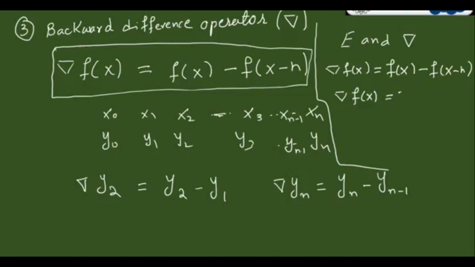So if I write it down like I of f of x, I hope you all understand, it will not impact anything. Minus, now this is interesting, I can write down this whole f of x minus h as this term, E minus 1 of f of x, because you remember I said if you put any power on the shift operator, let's go back here, it will move that quantity by that amount.